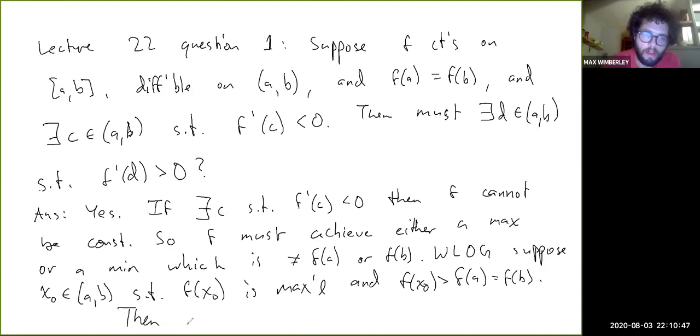Then there exists a d by the mean value theorem, right?